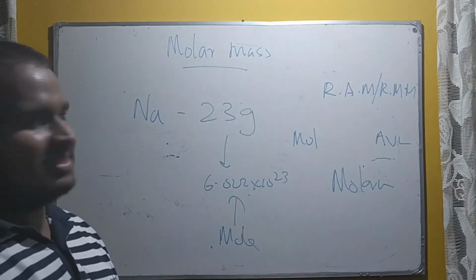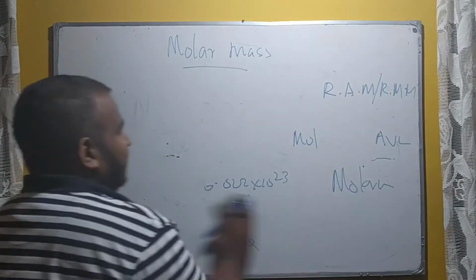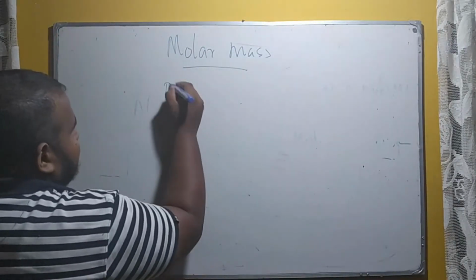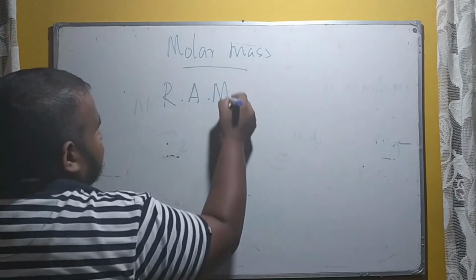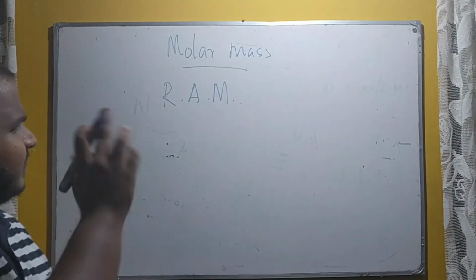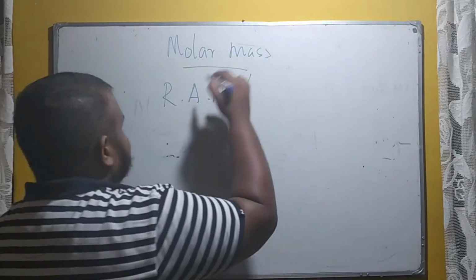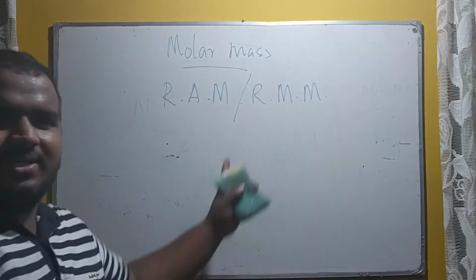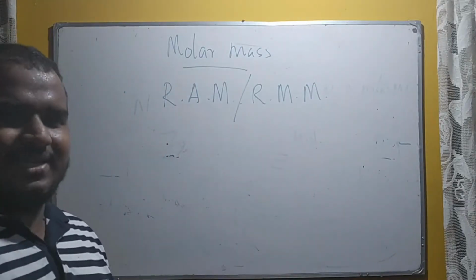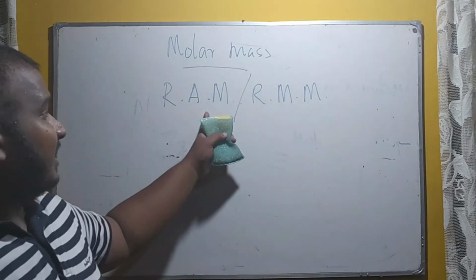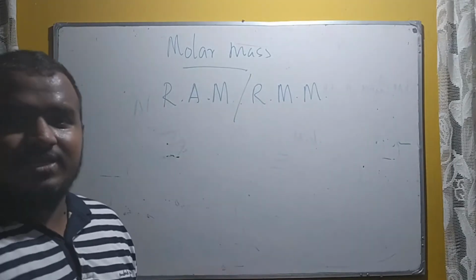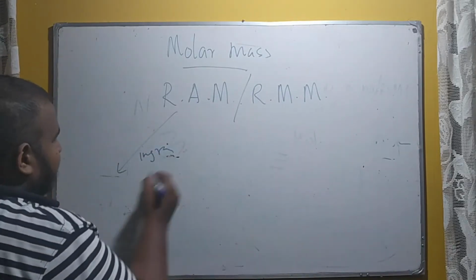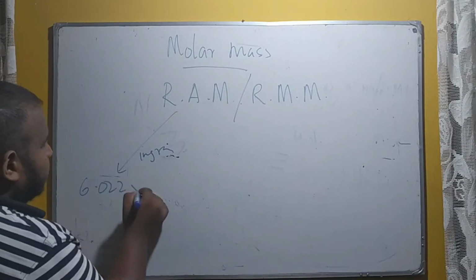Here the complexity happens. Initially we studied the term relative atomic mass. Atomic mass will be equal to relative atomic mass. On the other side, we call it the relative molecular mass. We studied these two. And then I said in the last lecture, if you take relative atomic mass in grams, there will be 6.022 into 10 to the power of 23.